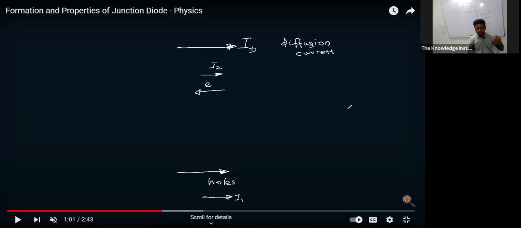As we can see, there is an I1 current due to the diffusion of holes, and an I2 current due to the diffusion of electrons. The resultant current, which I have marked as capital ID, is the diffusion current. If you understood that part, then we can jump to the note.